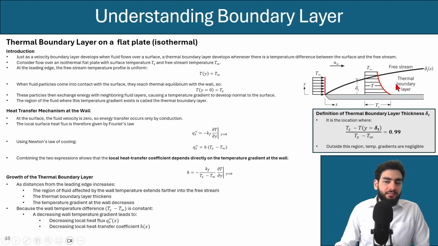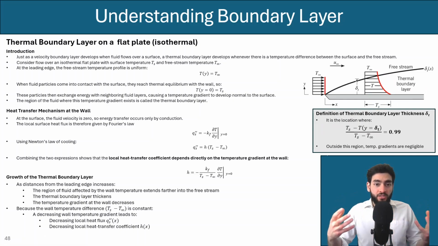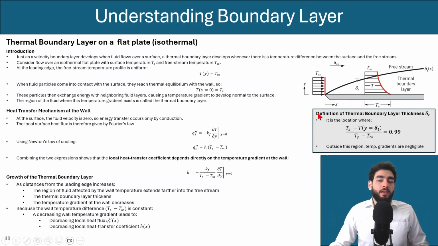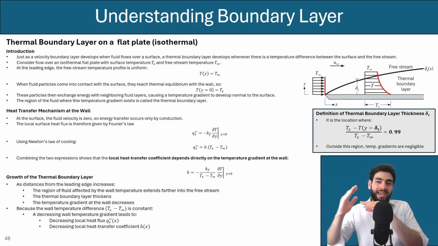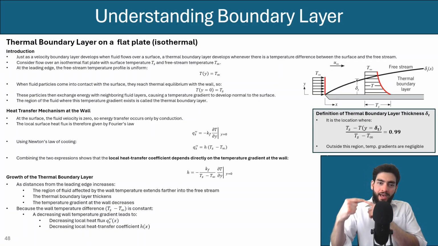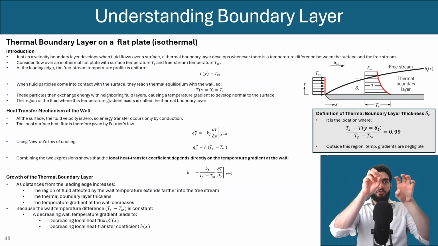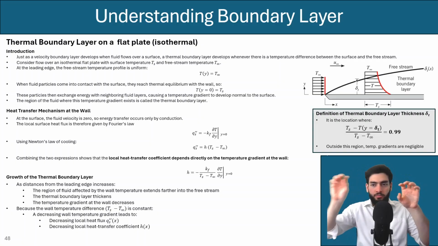And this makes sense because, as I showed you earlier, the Reynolds number is dependent on x, which is the distance from the leading edge. As the distance from the leading edge keeps on increasing, you have more turbulent flow that starts occurring. So yes, you have a laminar region, a transitional region, and then a turbulent region.